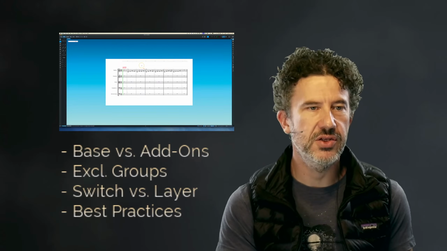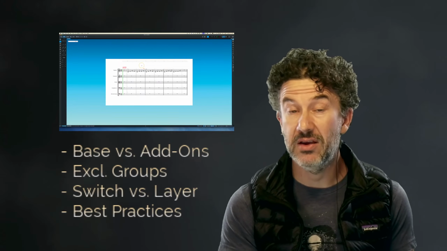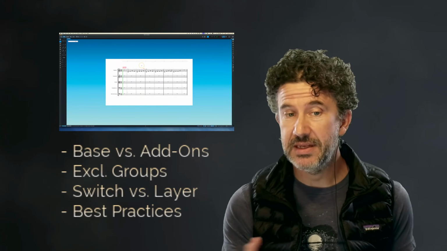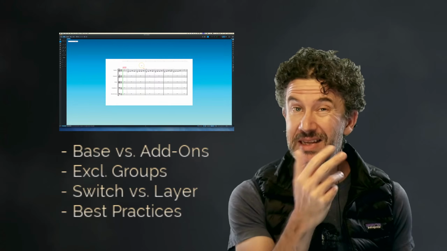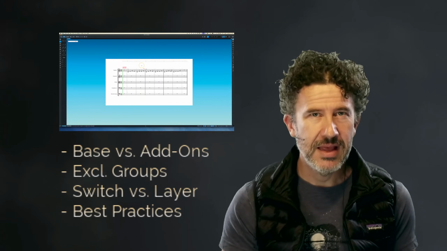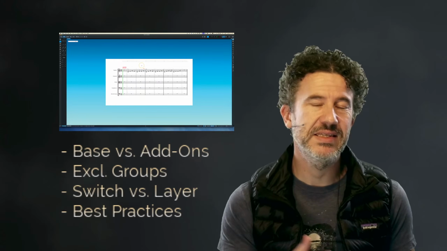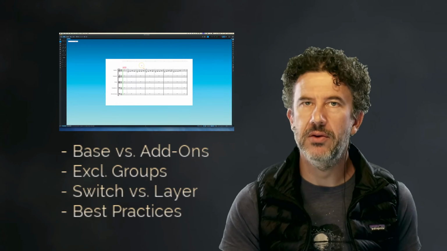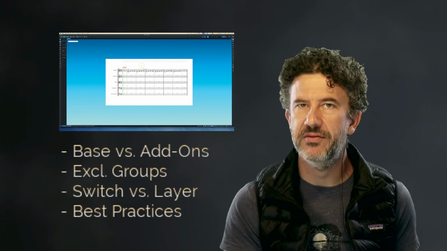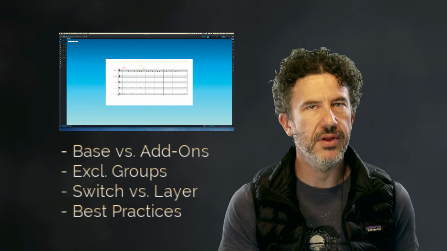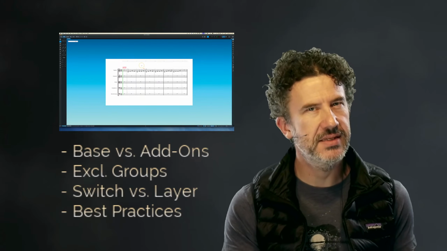Now, I've even gone so far as sometimes to have an add-on that's in a mutual exclusion group all by itself, which is inherently non-functional. But the reason I still think it's a good best practice is that it forces me to go through the process of thinking about all the articulations and modifiers that are in my expression map, and really thinking through clearly, how am I expecting them to work?